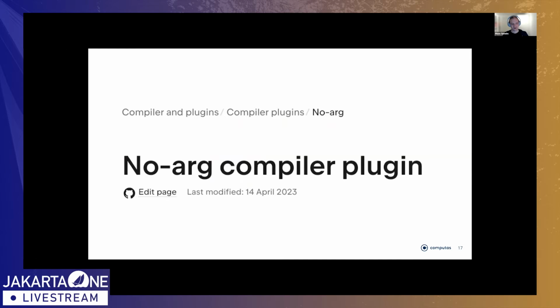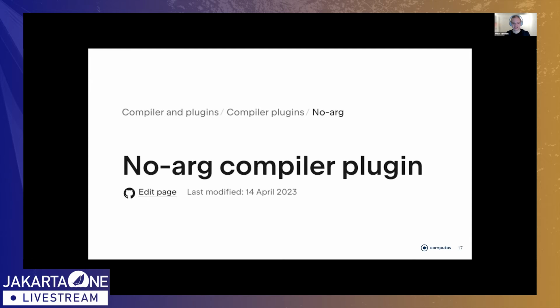And it's the same here as well. You can list the set of annotations on classes that Kotlin will create no-arg constructors for. So you have the no-arg plugin, which I referenced now, but you also have the JPA plugin, a JPA-specific plugin that does everything no-arg does, plus some things more.